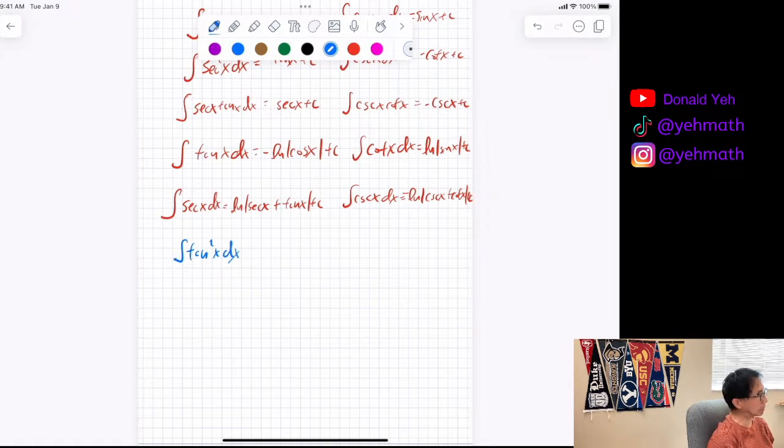Just sine squared x over cosine squared x, then 1 minus cosine squared x on top. So 1 minus cosine squared x over cosine squared x. And go from there.